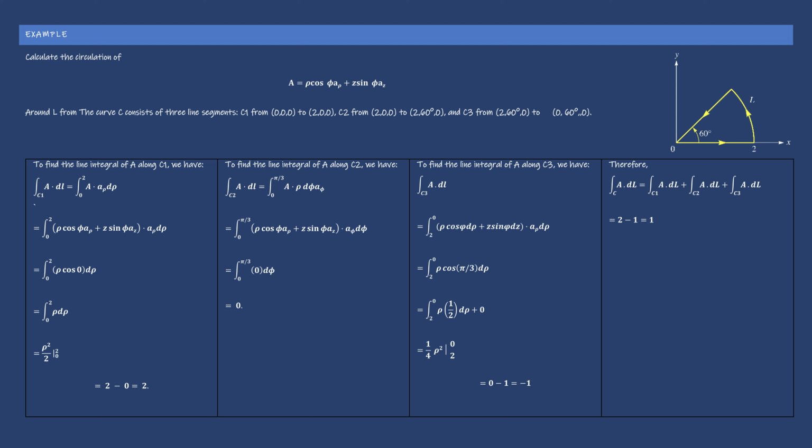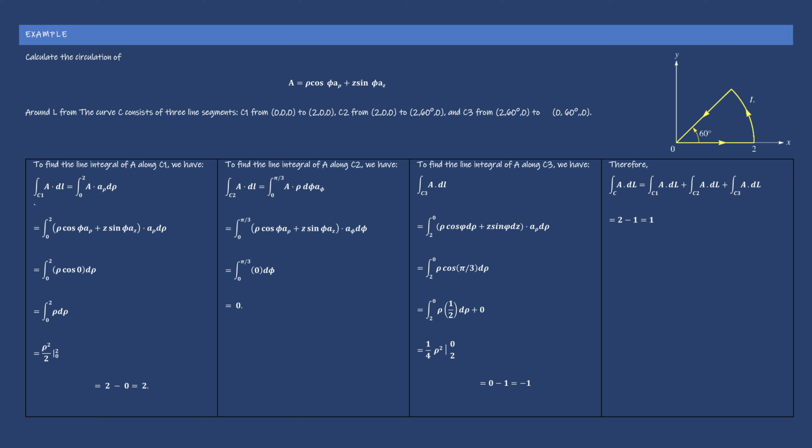For C3, the curve is along the rho axis with phi equal to pi over 3 and z equal to 0. The differential vector along C3 is a small change in rho times the unit vector a rho.